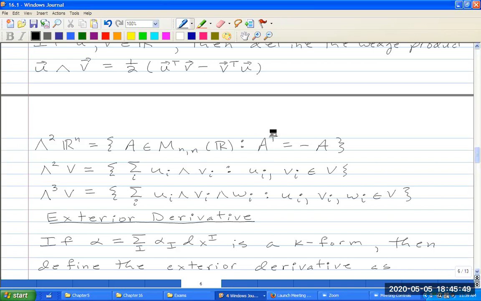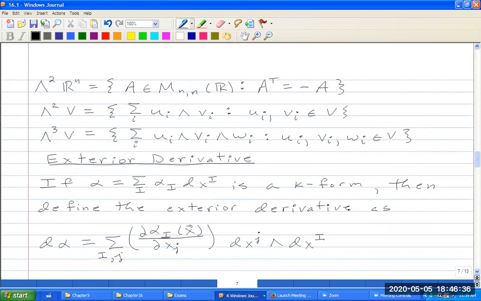So we have that the transpose of A is equal to negative A. I can define for any vector space V, this as the sum over i of u_i wedge v_i, where u_i and v_i are in the vector space V. I can do this for 3. It's just the sum over i of u_i wedge v_i wedge, say, w_i, where u_i, v_i, and w_i are in this vector space V.